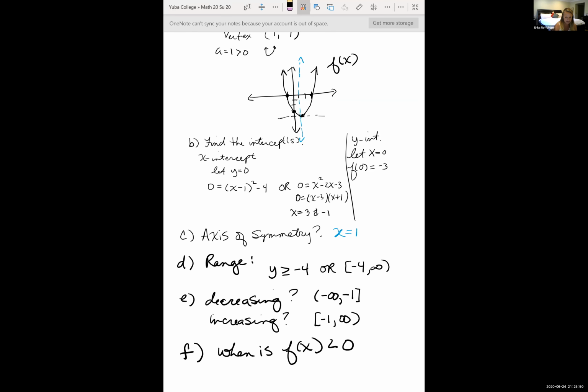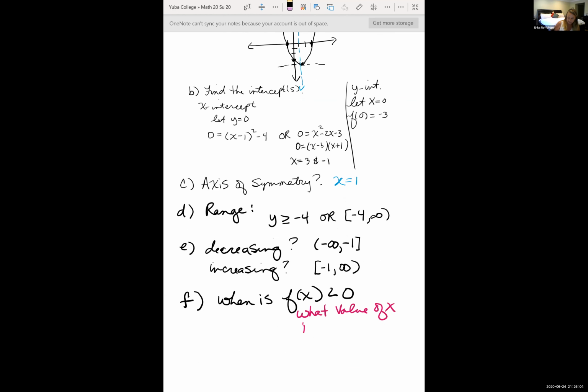We already graphed it. So we're looking at when is our graph falling below the x-axis? So what value of x is the graph falling below the x-axis? That's where our y values are negative.